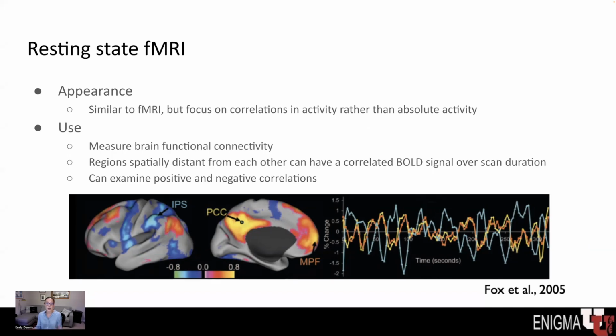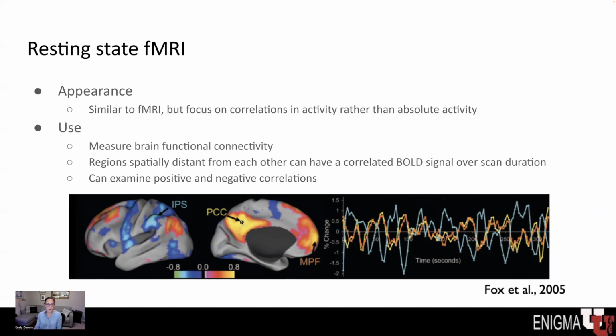And what we're looking at is how different parts of the brain correlate in their activity. So your brain is never fully active and never fully at rest. It's always humming, doing all sorts of background processing. And we can look at how certain brain regions hum together.